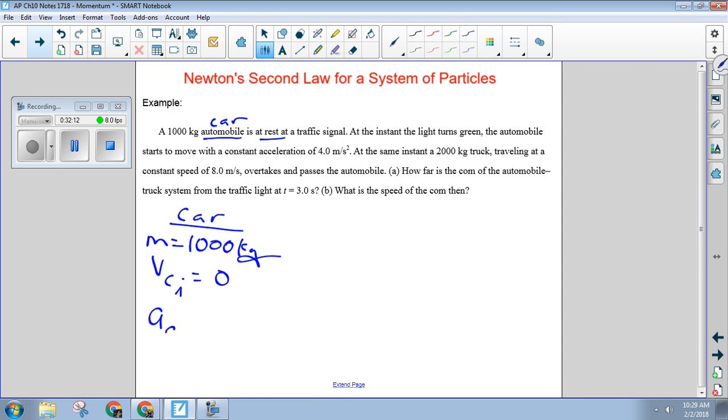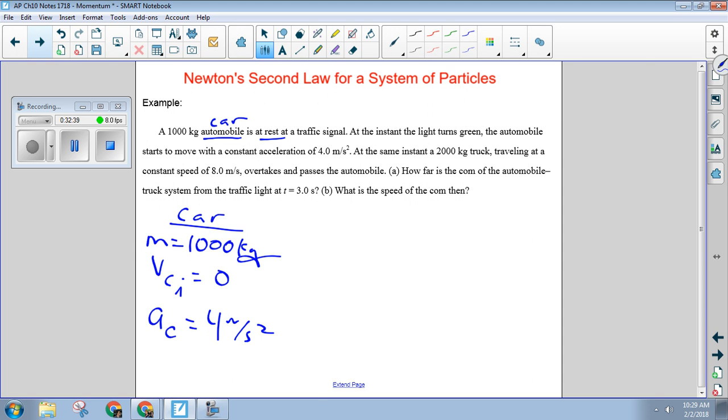So the acceleration of the car is 4 meters per second squared. Cool? That's all the information I know about my car. Everybody good up to there?